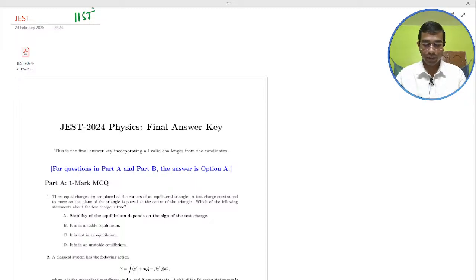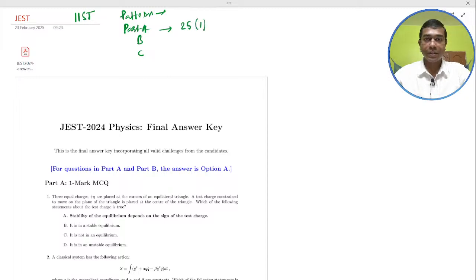So first we discuss the exam pattern. There are part A, part B and part C. In part A, there are 25 questions carrying 1 mark each, equal to 25. In part B, there are 15 questions carrying 3 marks, equal to 45.